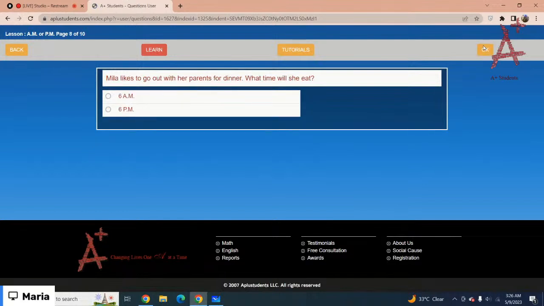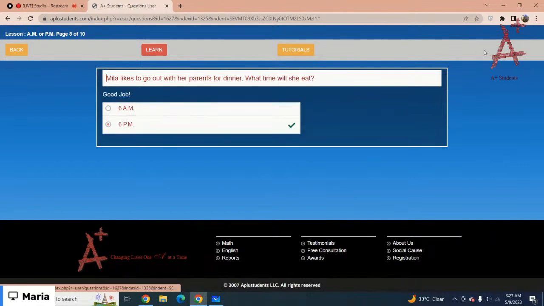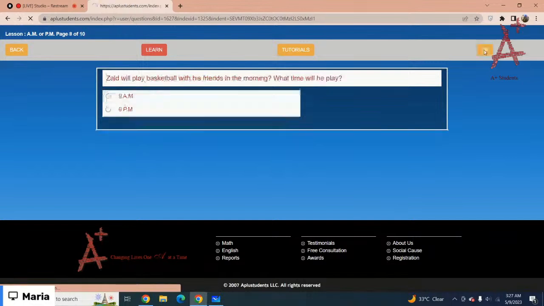Okay, the next one is Mila likes to go out with her parents for dinner. What time will she eat? 6 a.m. or 6 p.m.? Dinner would usually be in the p.m. So it would be, very good, 6 p.m. Zad will play basketball with his friend in the morning.